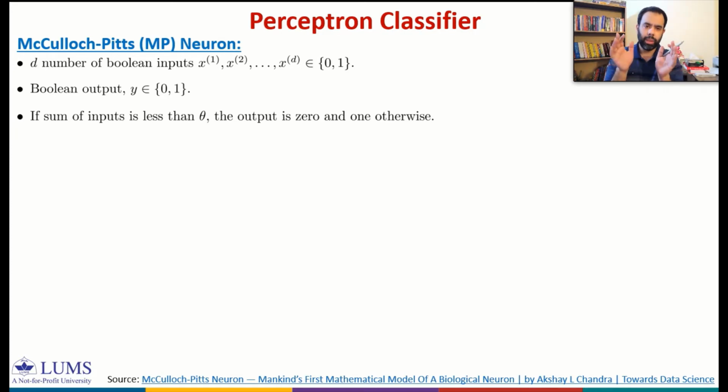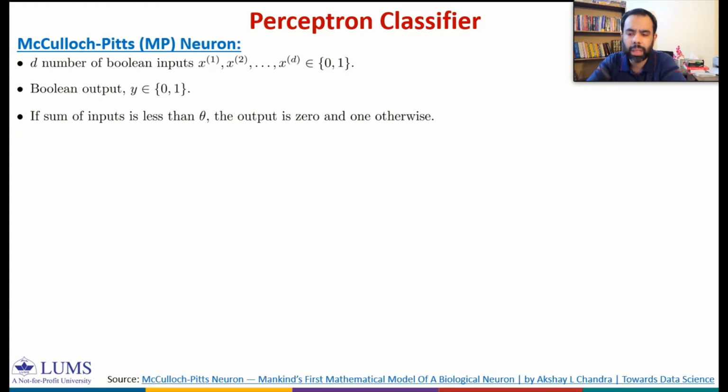So you're getting signals in dendrites, input nodes. You simply aggregate the inputs, and if the sum of the inputs is less than some threshold, the output is not transmitted to the next neuron, or if the sum is above this threshold theta, the output is transmitted to other neurons.